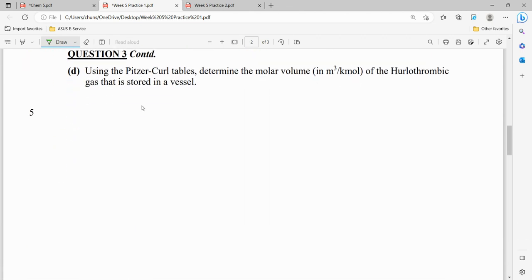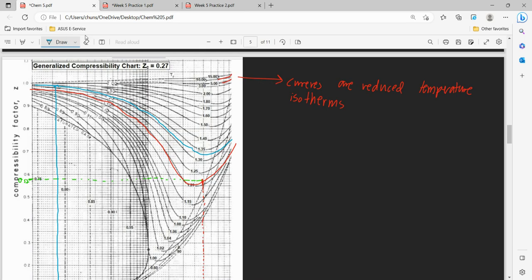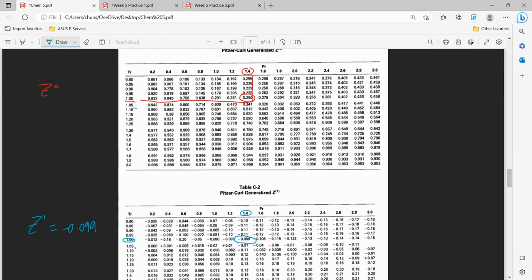Okay, and now we're going to use our Pitzer-Curl tables to determine molar volume. Sorry, here's where we're going to be using interpolation. So, looking at our tables in our notes, we're going to have values that are in between.